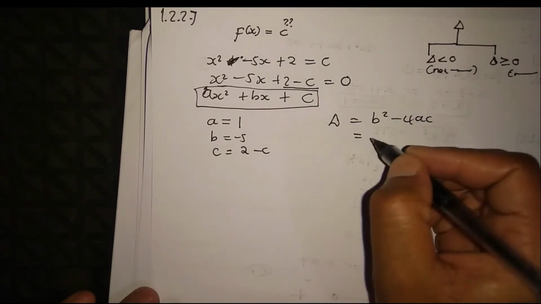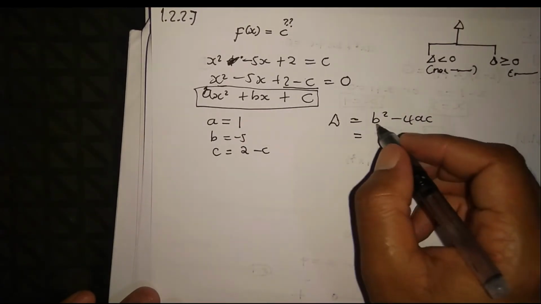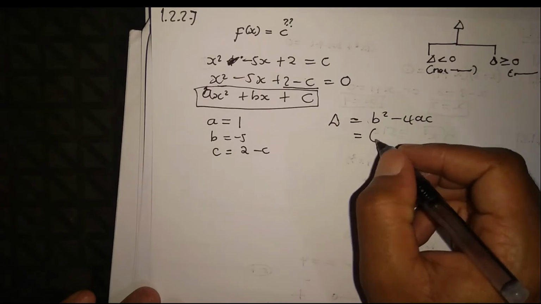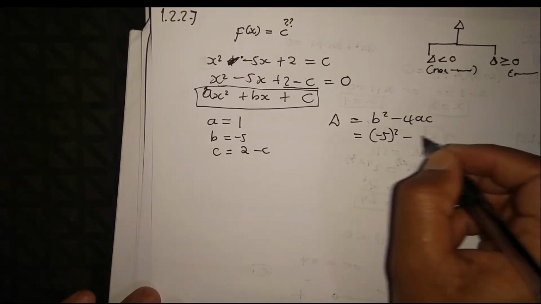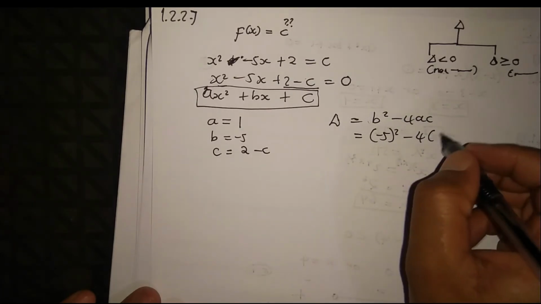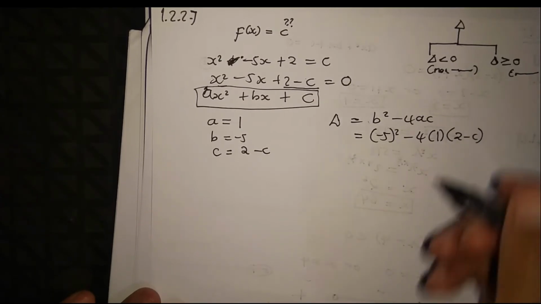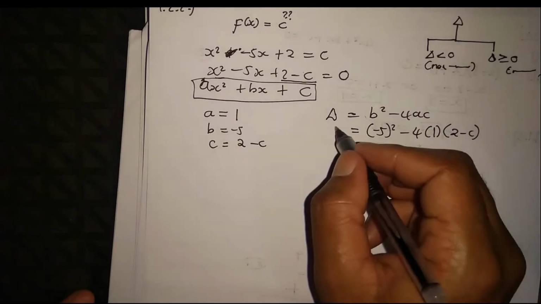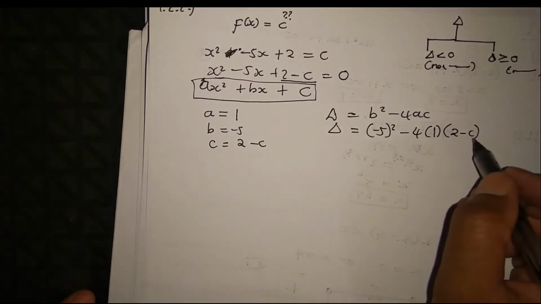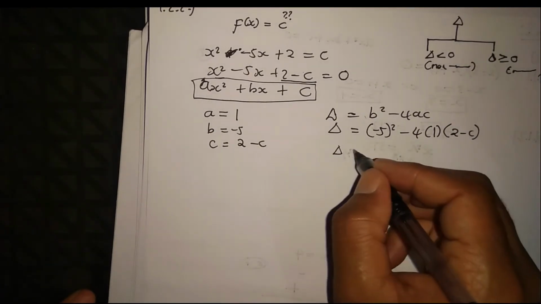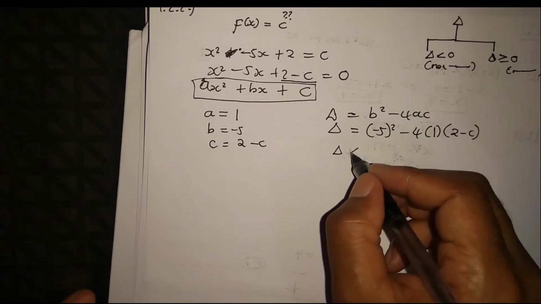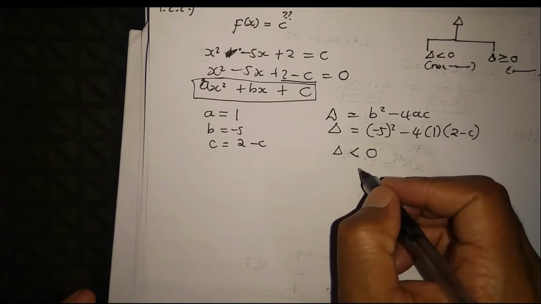So I substitute into the discriminant: b squared, b is minus 5 squared, minus 4 times a which is 1, times c which is 2 minus c. The discriminant is equal to this, and for non-real roots the discriminant must be less than 0.